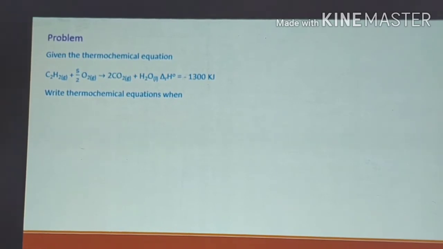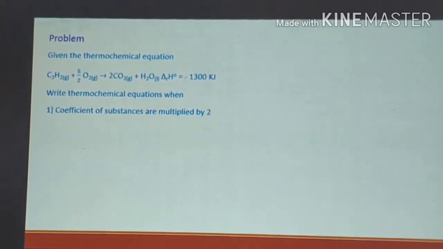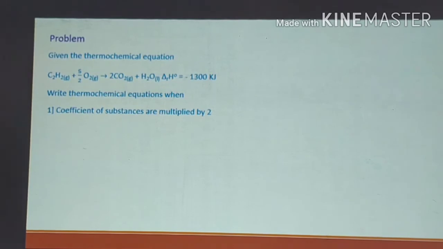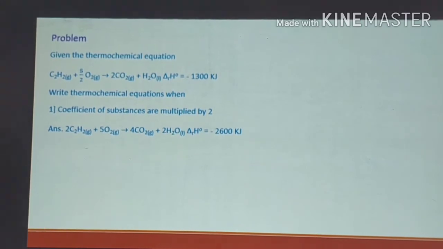Now this is the given thermochemical equation. You have to write the thermochemical equation when the coefficients are multiplied by 2. You are multiplying the coefficient of acetylene gas by 2, oxygen gas by 2, CO2 gas by 2, as well as H2O by 2. C2H2, number of moles in the given equation is 1, so it will become 2. For O2 it is 5 by 2, so 5 by 2 into 2 will become 5.